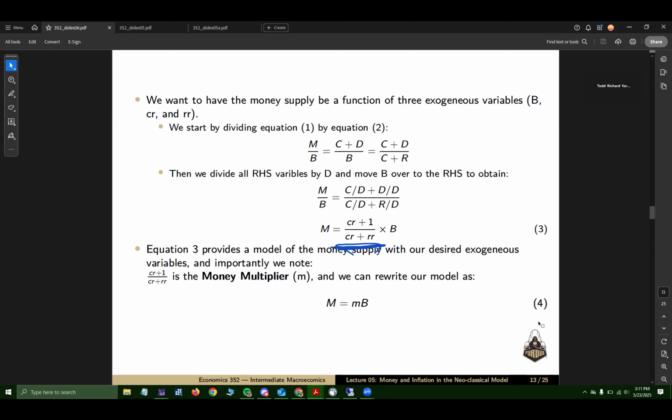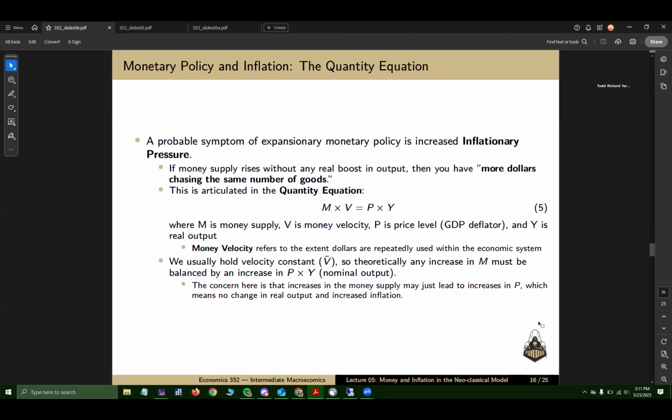But in addition, there is going to be the behavioral response of consumers and businesses to this increase in liquidity, to this increase in actual money supply. And that's where velocity comes in. And so ultimately, all this says is that M times V, money times velocity, is equal to nominal GDP.